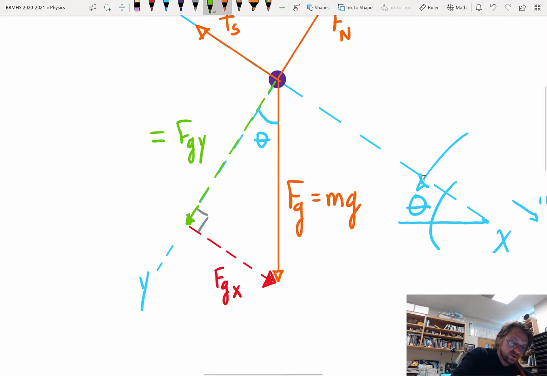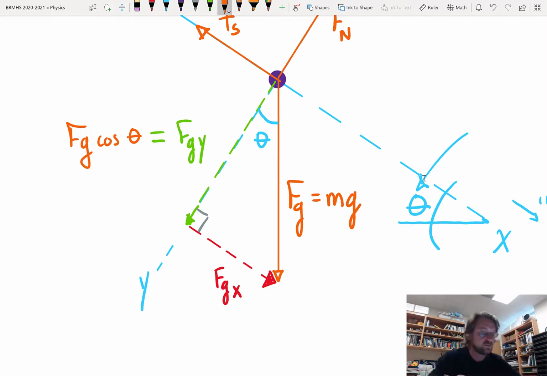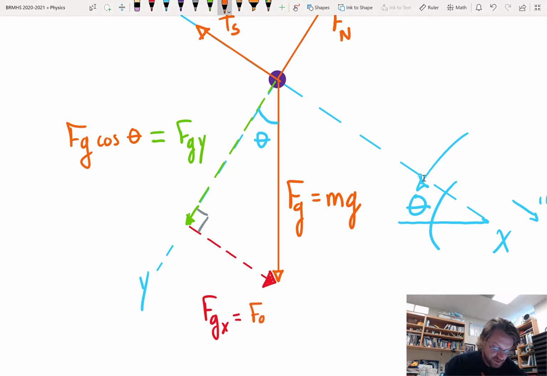So Fgy is going to be the force of gravity times the cosine of that angle theta, because it's adjacent to that angle. Similarly, with our red x-axis component, Fg in the x direction is going to be the hypotenuse, the full Fg in orange, times the sine of that angle theta, because it's on the opposite side of that angle.